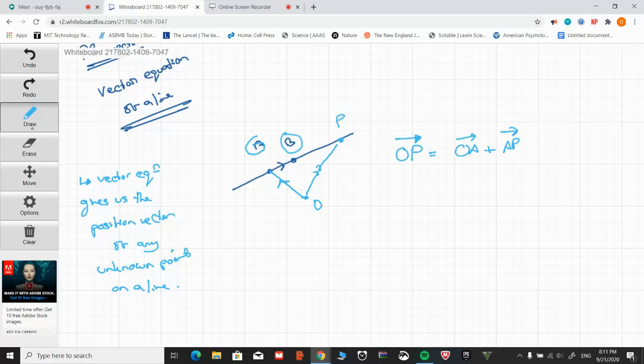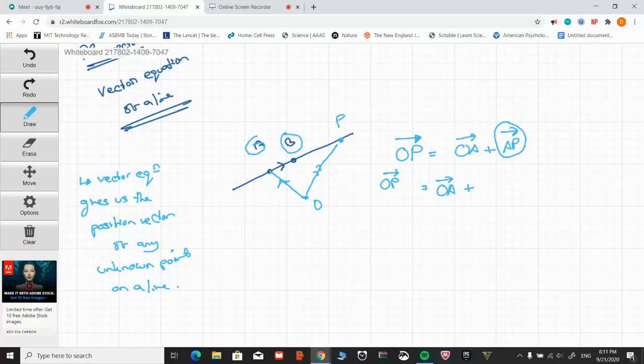All right, so the next thing I can say is, okay, since OP is OA plus AP, since we already know OA, however, since we do not know AP, there must be some other way to express AP.